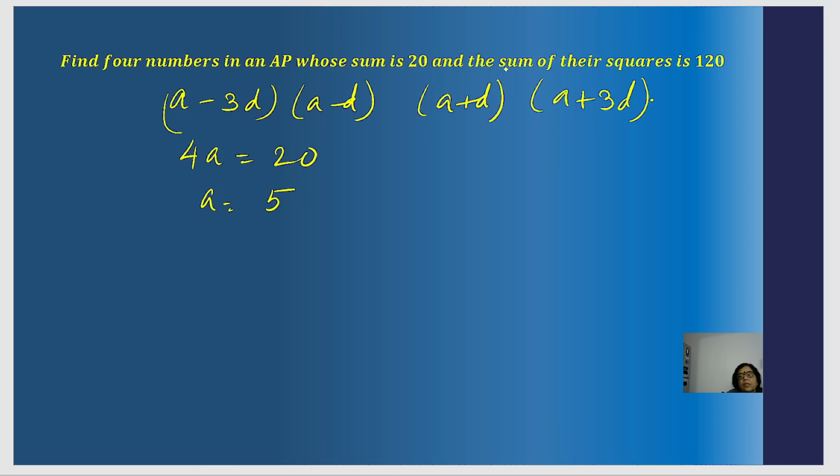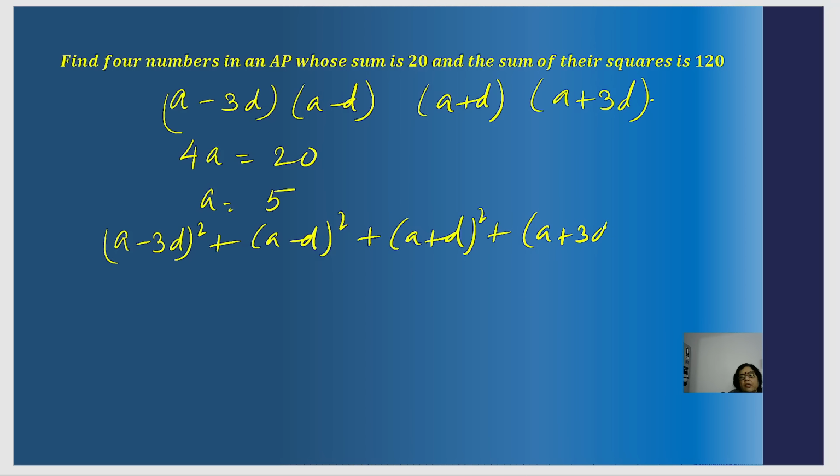Now the question says sum of the squares is 120. That means (a minus 3d) the whole square plus (a minus d) the whole square plus (a plus d) the whole square plus (a plus 3d) the whole square is equal to 120.